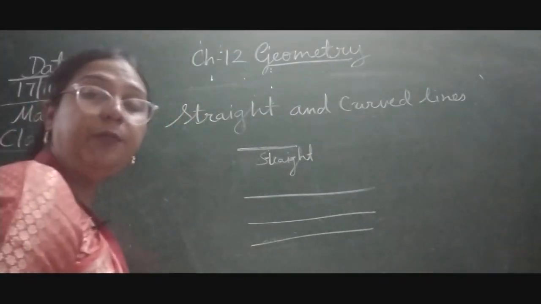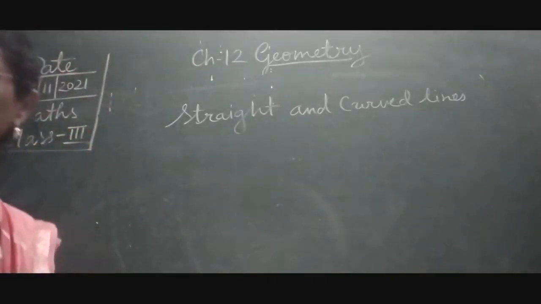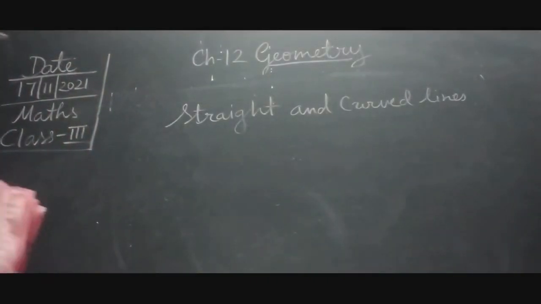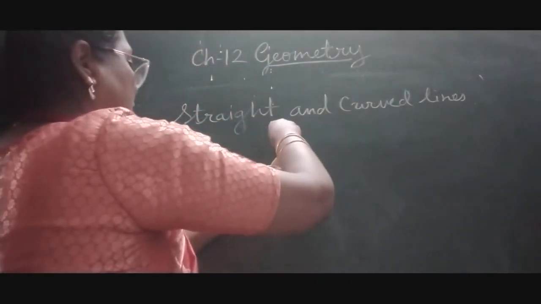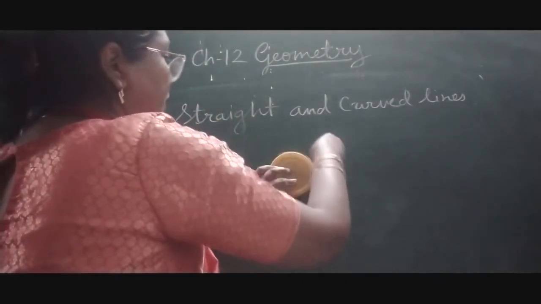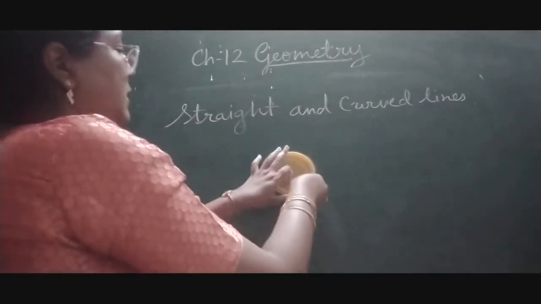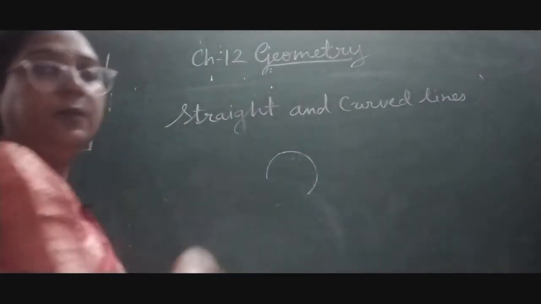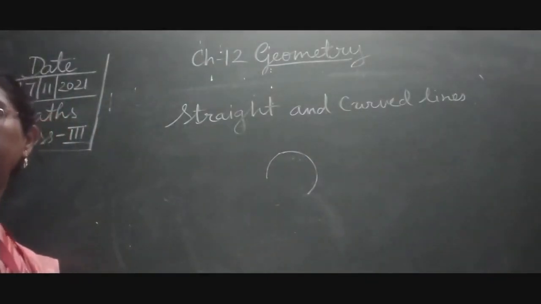Okay, if we draw the outline of this, now here children you can see, there is a curve. This is a curved line.